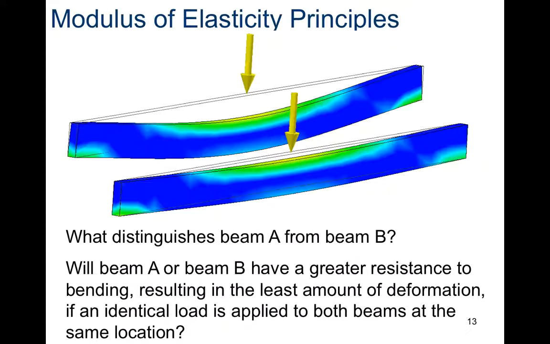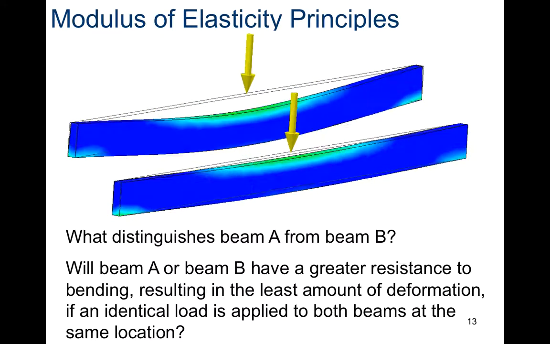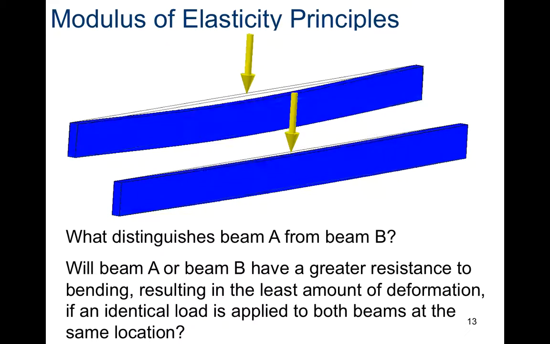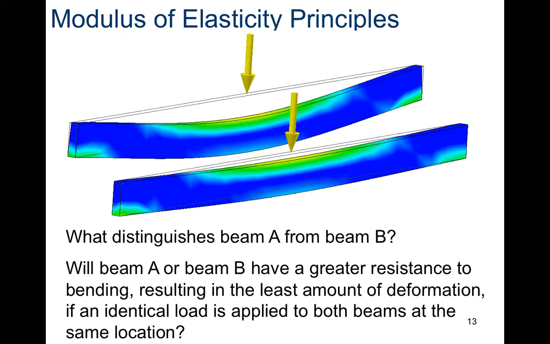You can see the Douglas fir has a greater stiffness, greater resistance to deformation, which means it has a greater modulus of elasticity than the ABS plastic, which is in the back.